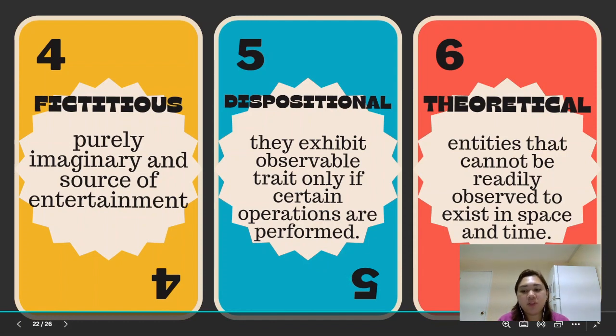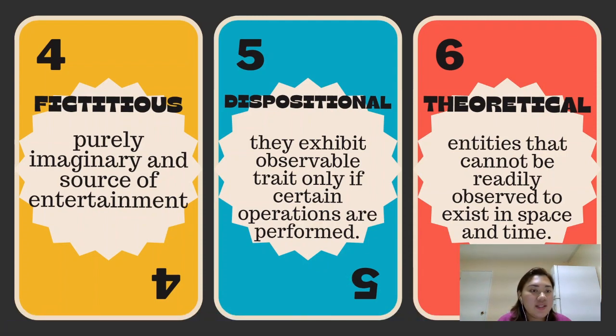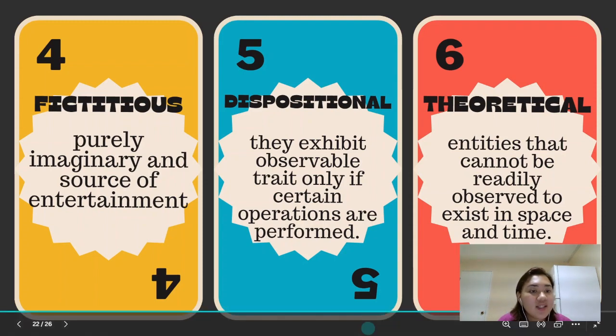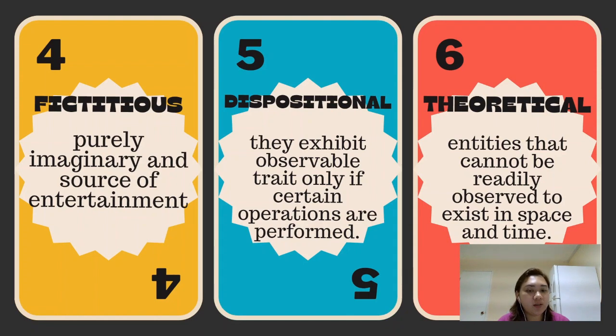Next, we have theoretical. Entities that cannot be readily observed to exist in time and space are known to be theoretical. Again, these concepts are present in science. Most scientists speak of theoretical entities or theoretical constructs.